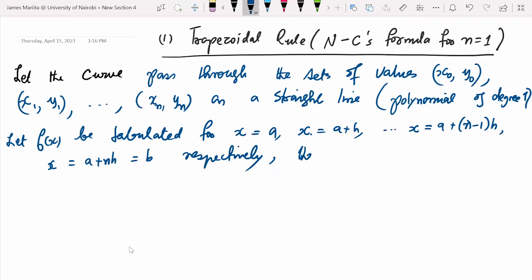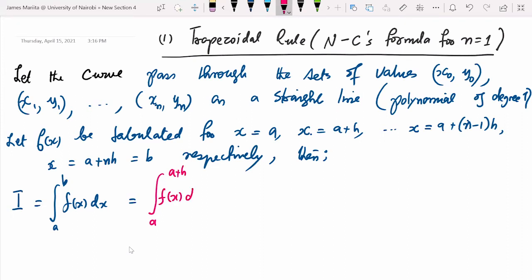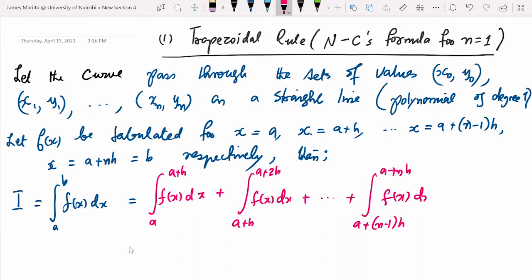Then in that case, we have the following: our integral from a to b of f of x with respect to x will be the same as the integral from a to a plus h, plus the integral from a plus h to a plus 2h, plus all the way to the integral from a plus n minus 1 h up to a plus nh of f of x with respect to x. So we are talking about these points.